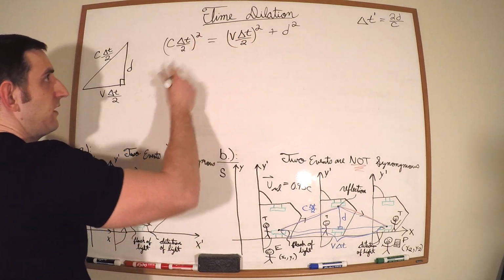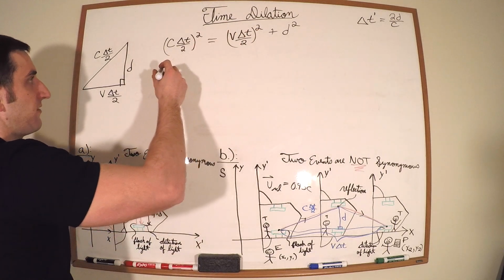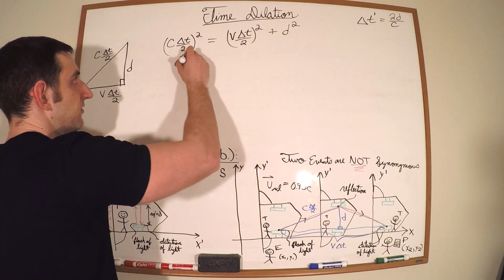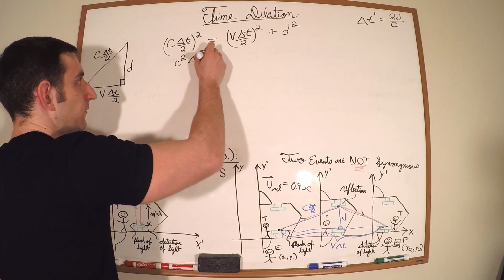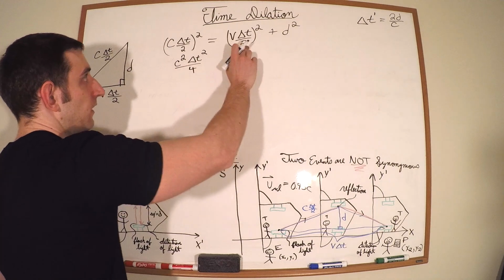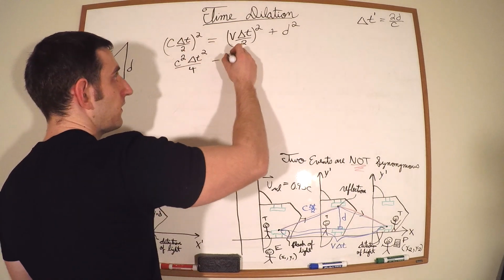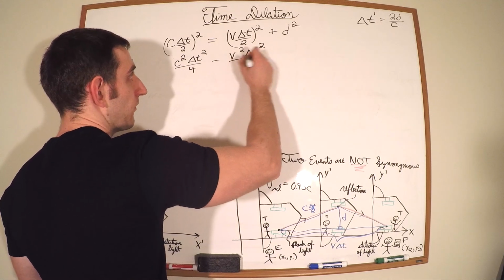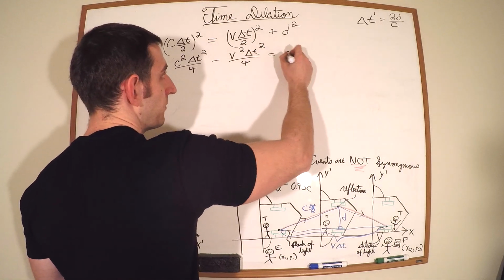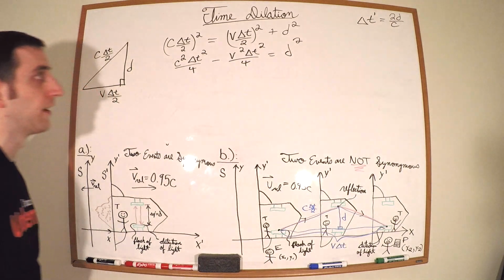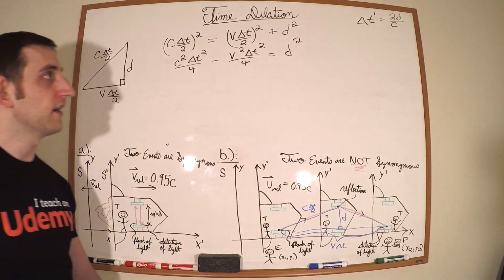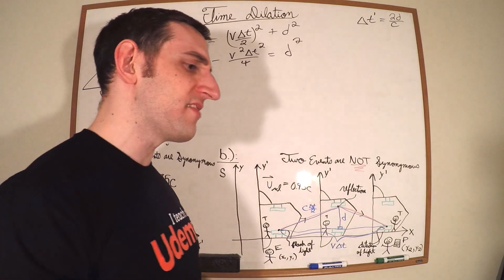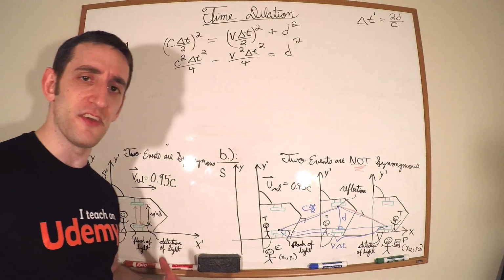Okay, so let's take these squares here and see what happens. So we can have c squared delta t squared over 4. I'm going to move this to the left. Minus v squared delta t squared over 4. And that is going to be equal to d squared. All right, now we want to form some conception of time.